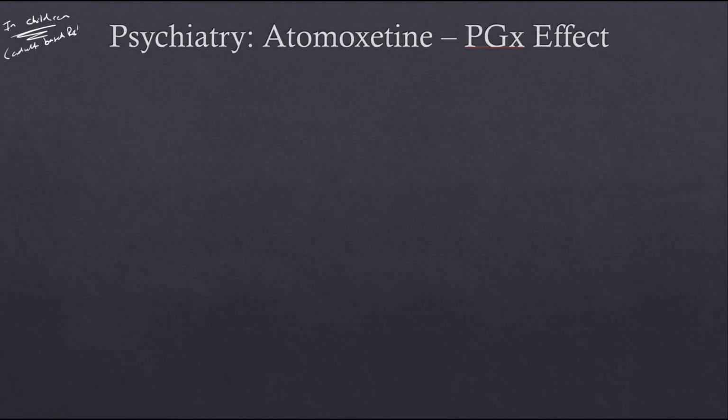And that's that these effects and recommendations are from studies and are specifically for the use of atomoxetine in children. However, the CPIC guidelines themselves actually go through adult-based recommendations, which are fairly similar. So let's take a look at what those pharmacogenetic effects of CYP2D6 are on atomoxetine.